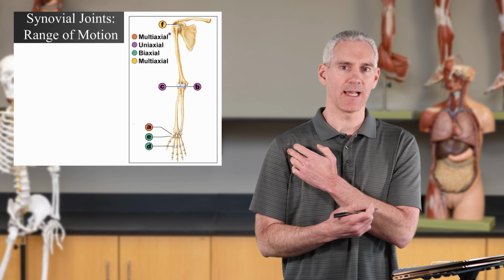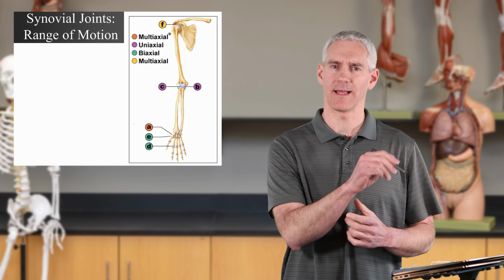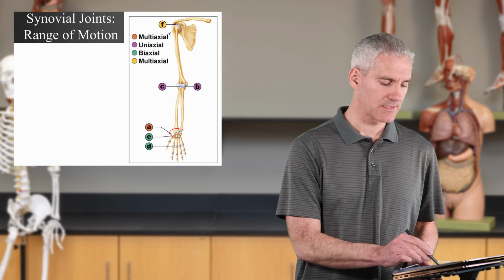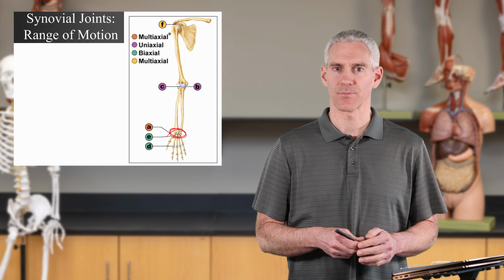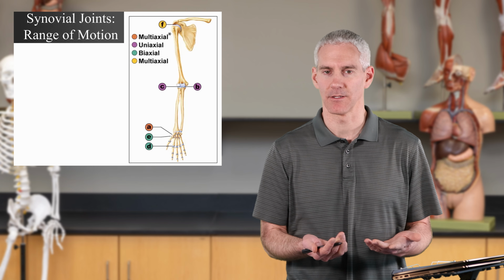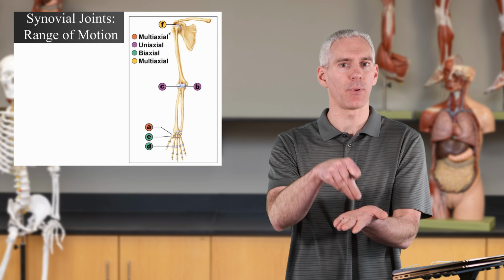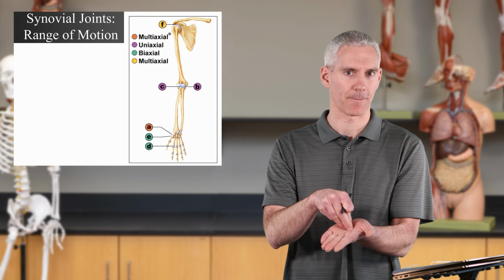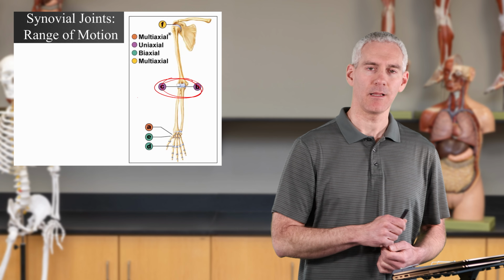So looking at the diagram here, you can see how A has multi-axial but a little asterisk. That's because that's down here in the wrist. Those are the sliding movements. It's referred to sometimes as multi-axial or non-axial because there really is no central axis. There's no central point that controls it. The uniaxial, we're up here in the elbow.